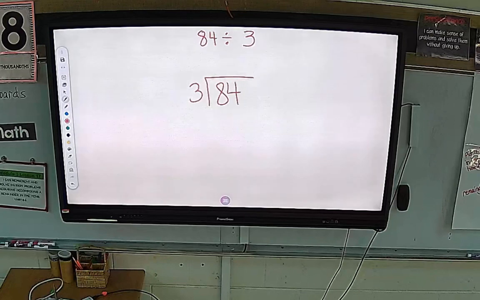See if you can remember the steps this time. This is long division.